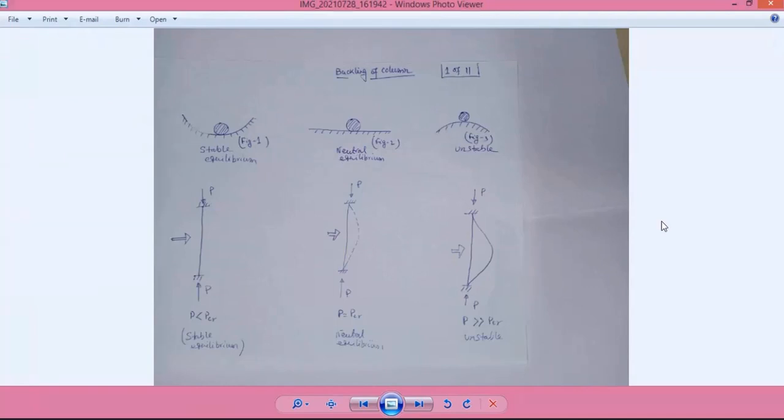If we apply the P-critical on the column, the stable equilibrium changes to neutral equilibrium.